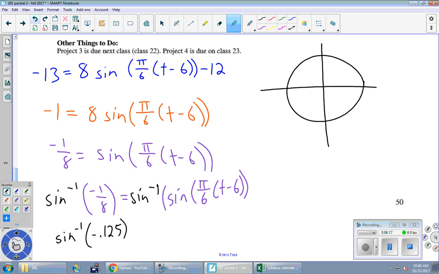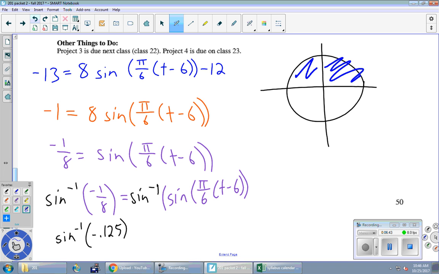And I will also ask, on the unit circle, is the sine the x or the y? It is the y. So this is looking for an angle where the y value is -0.125. We are looking for points on the circle where the y value is -0.125. If I'm up here in this first quadrant, am I going to find any y values that are -0.125?